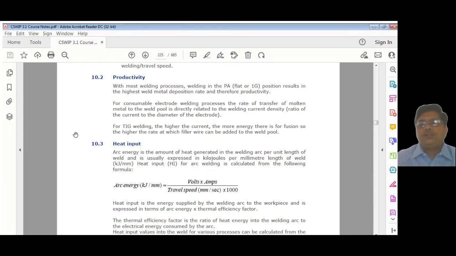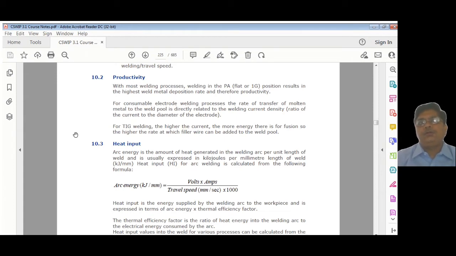But TIG is the only process where the electrode doesn't burn. The electrode remains static, whereas you are giving a filler wire as filler input to the welding process. If anybody has seen it, I will just try to show this in pictures.